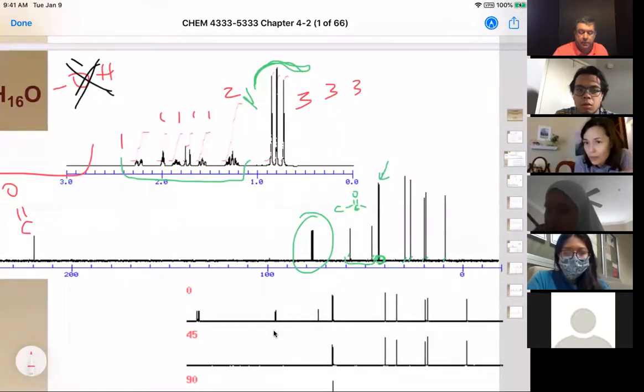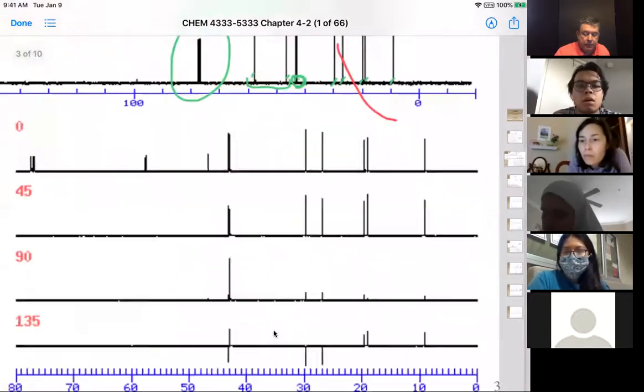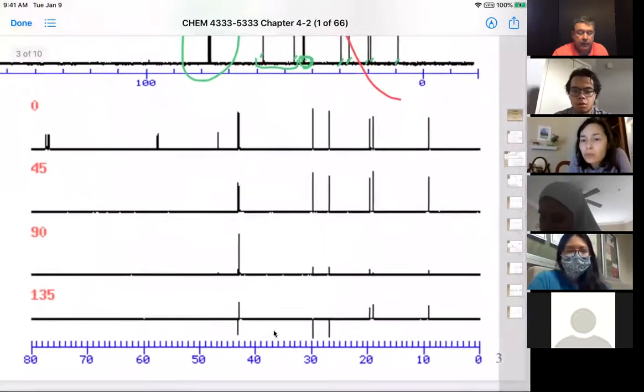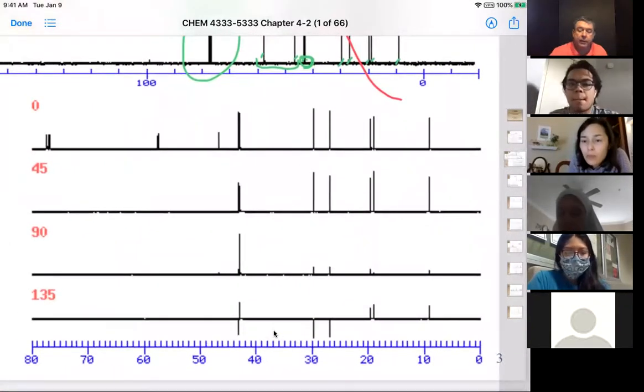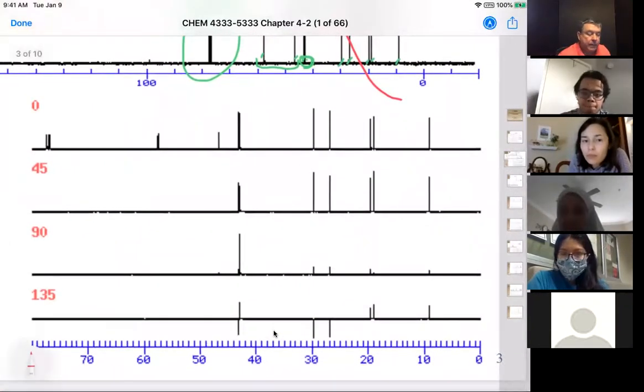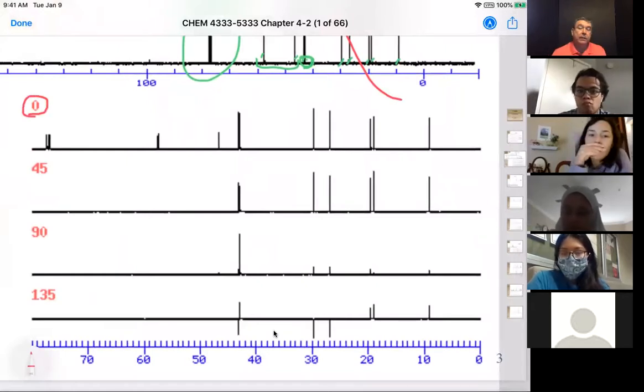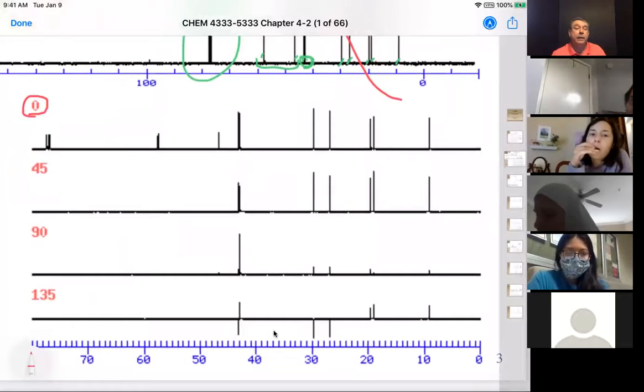Let's look at the DEPT experiment. Okay, blow up the DEPT experiment here. Okay, now this one's done in reverse, where the 0 is at the top here. And so notice that the carbonyl has been taken off. We knew that the carbonyl doesn't have protons on it, so we don't need to include it in our DEPT experiment. We understood it was our carbonyl based on just the shift.